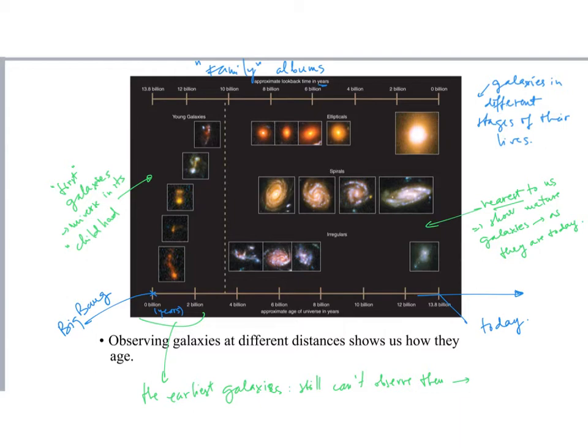We need even more powerful telescopes than the Hubble Space Telescope, and that's why we're building more powerful ones, for example the James Webb Space Telescope, JWST, which is scheduled to be launched in 2021. Pretty soon. All right.